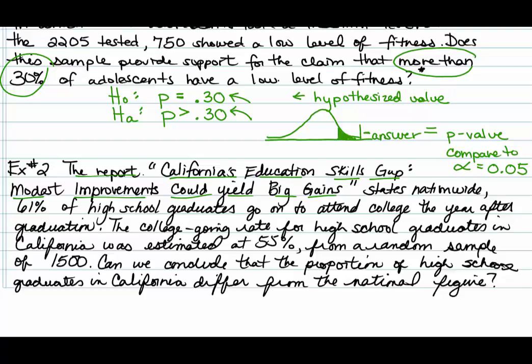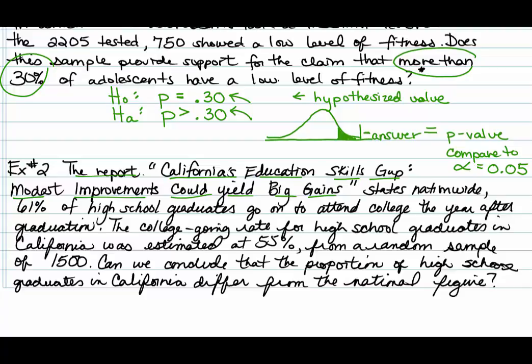The college-going rate for high school graduates in California was estimated at 55% from a random sample of 1,500 people. Can we conclude that the proportion of high school graduates in California differs from the national figure? So when we're looking at this problem, the big idea is trying to figure out what number we are going to use, 61% or 55%?